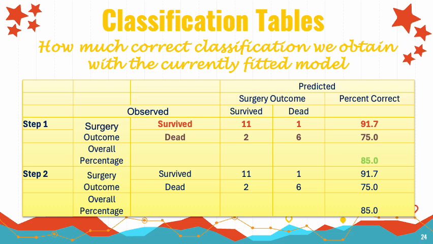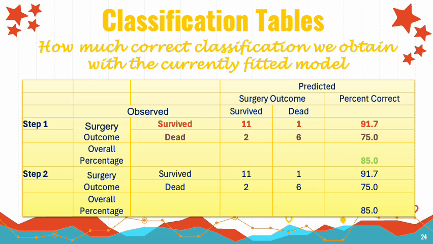For the brown dead row, of those we predicted would die, 2 survived and 6 actually died. Thus, we were 75% accurate in predicting death. Overall, for our 20 patients, we accurately predicted the outcome 85% of the time, as shown in green.